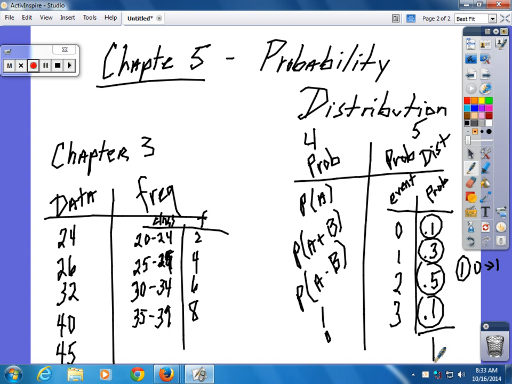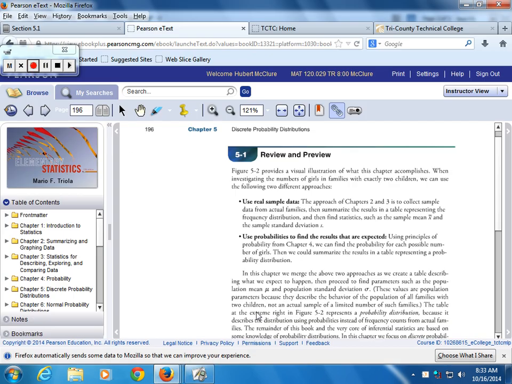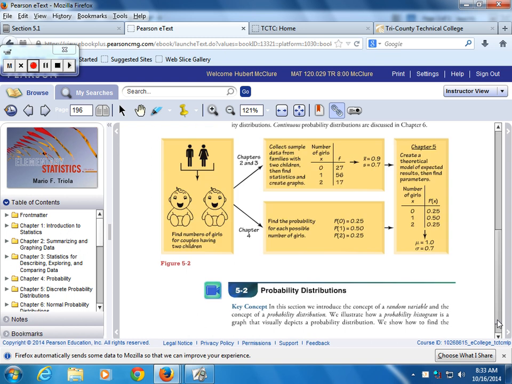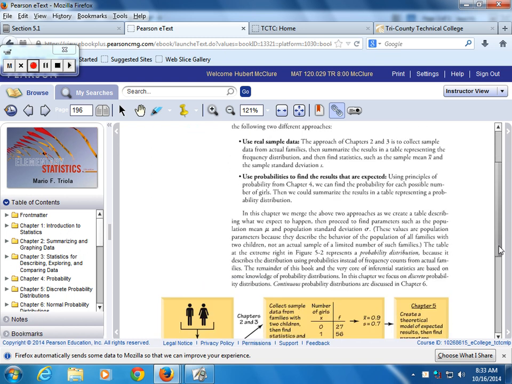And that's your second test: all of the probabilities add up to 1. Now, all of this can be found on page 196. Here are some examples of probability distribution right here.